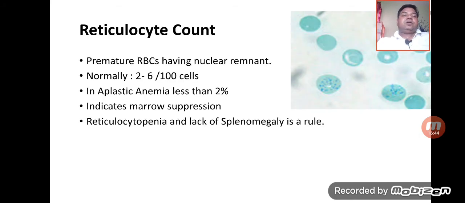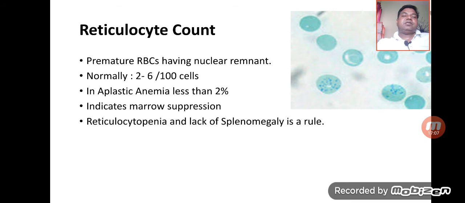Now coming to the reticulocyte count, which is very important. It is like a window to the marrow. By just knowing the reticulocyte count, we can know whether the bone marrow is hypofunctioning, hyperfunctioning, or normofunctional. So that can easily be appreciated.